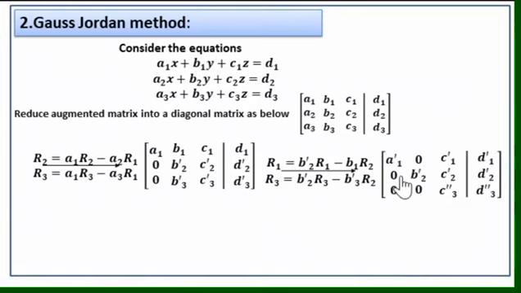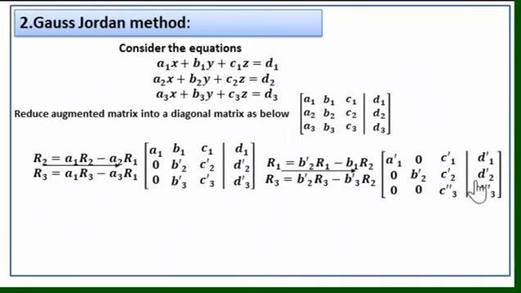So the first row becomes B2 dash A1 minus B1 into 0, that is B2 dash A1, we call it A1 dash, the new element. Then we have B2 dash B1 minus B1 B2 dash, which is equal to 0. Next, B2 dash C1 minus B1 C2 dash, call it C1 dash, and B2 dash D1 minus B1 D2 dash, we call it D1 dash.